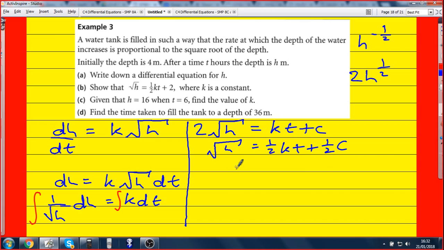Let me think about this. H is 4. Other way around. Yeah, so basically it's root 4 equals.